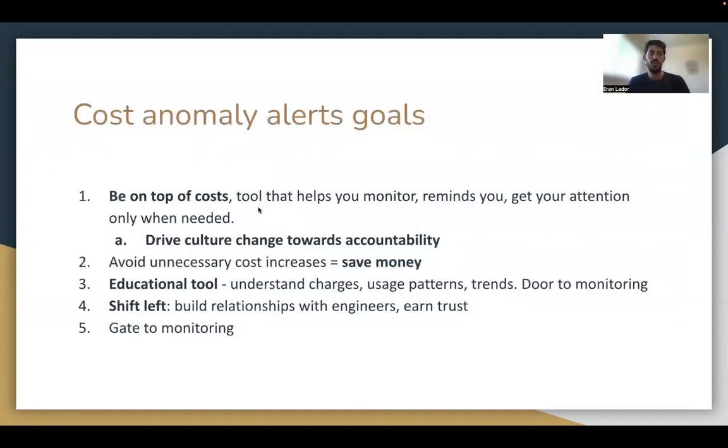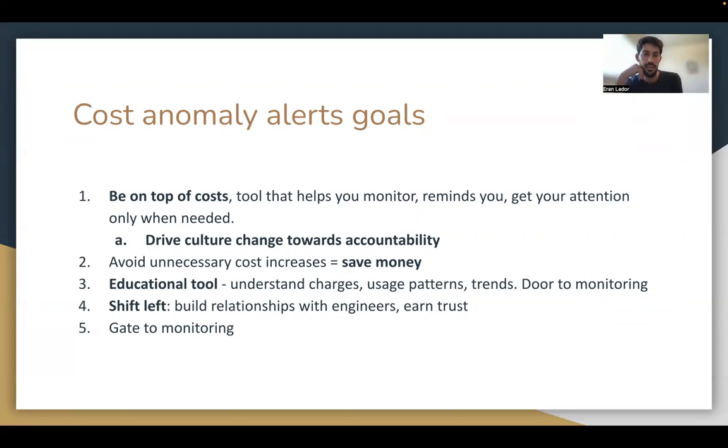So what do we want to achieve in the whole process of cost anomaly alerts? First and foremost, we want to be on top of cost. We want a tool that reminds us to monitor costs and get attention when it's needed, and take quick action when something is getting really expensive.